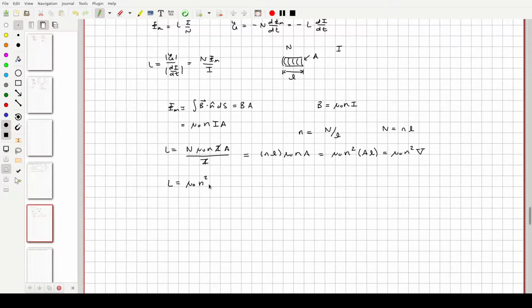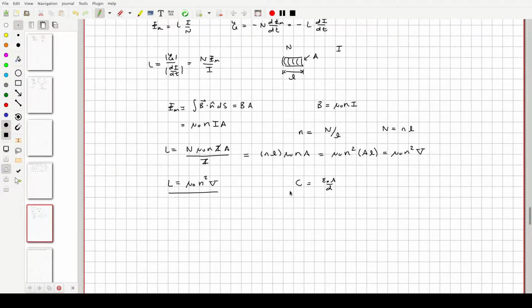So the volume there should draw an analogy in your head to something we've seen that acts a lot like L. That would be capacitance. For parallel plate capacitors, that was epsilon naught A over D.